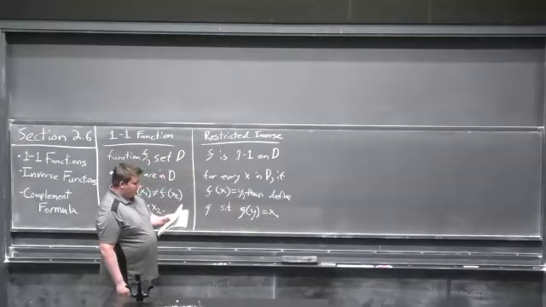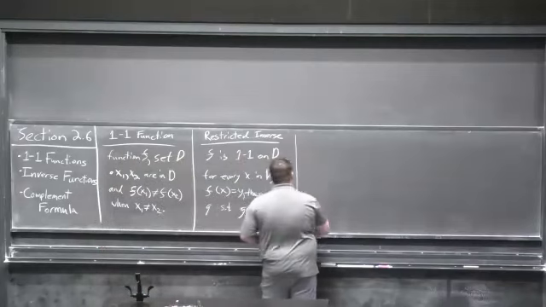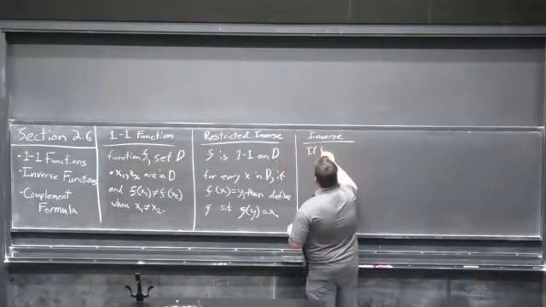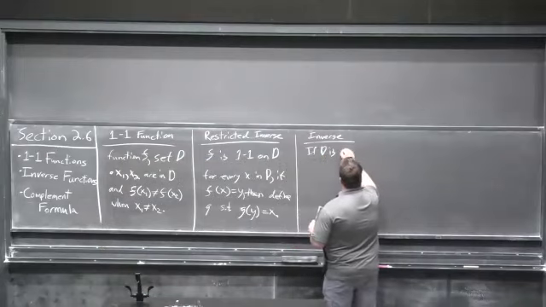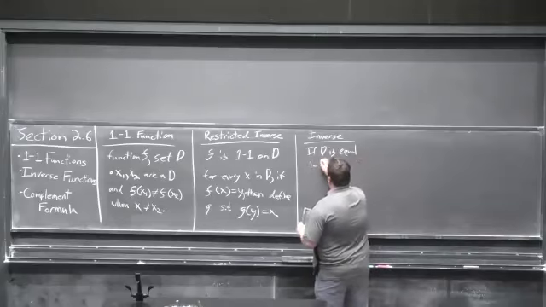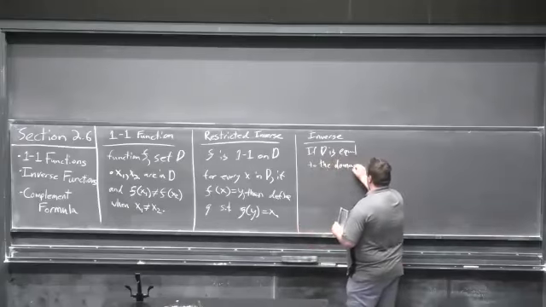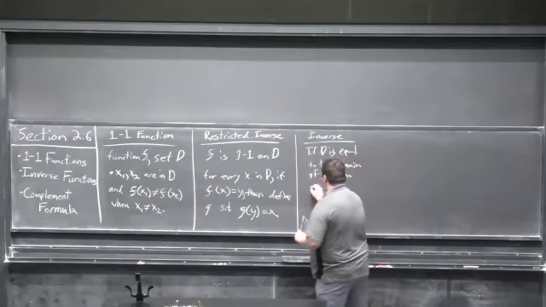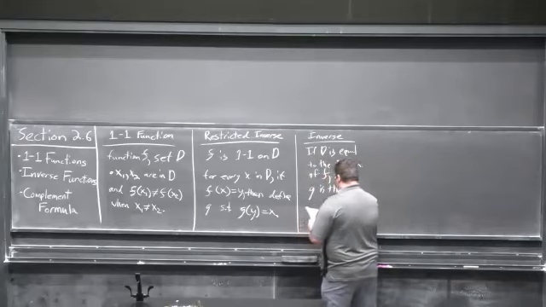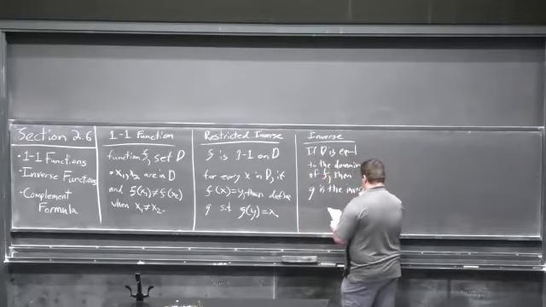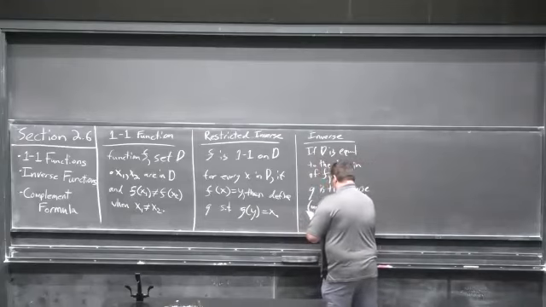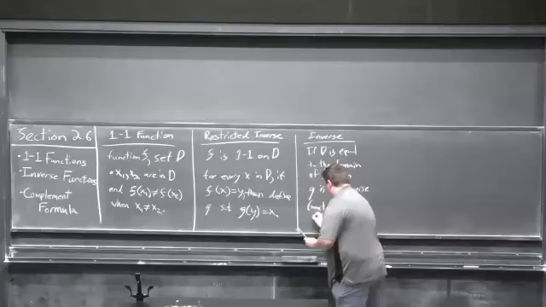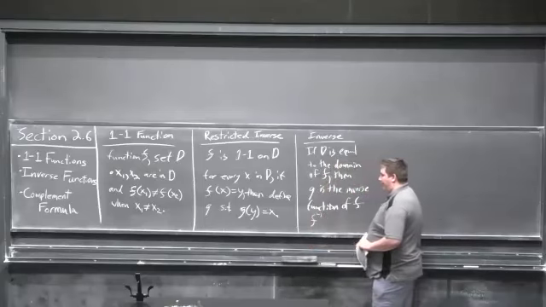And if it is on the entire domain, that is if D is equal to the domain of f, then G is the inverse function of f, and we would denote this as f to the negative first, or f inverse.